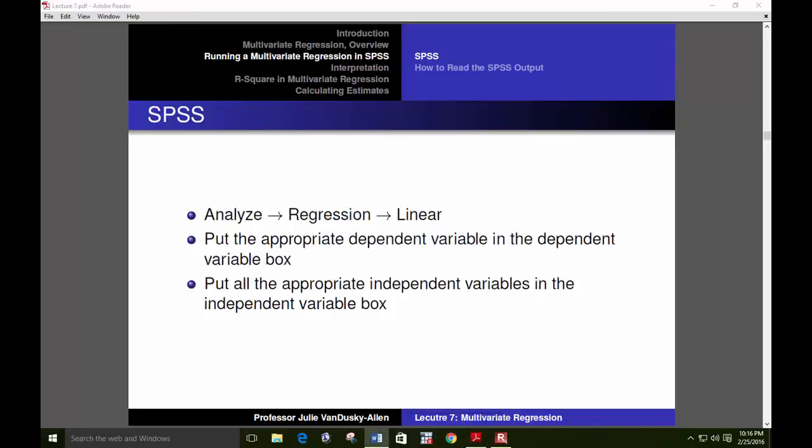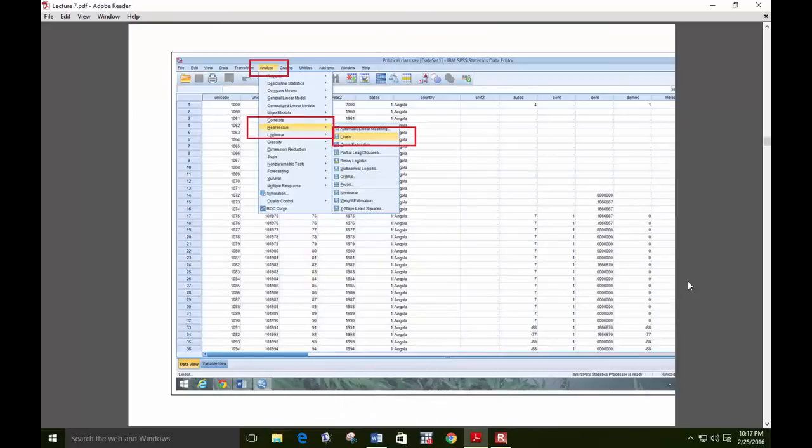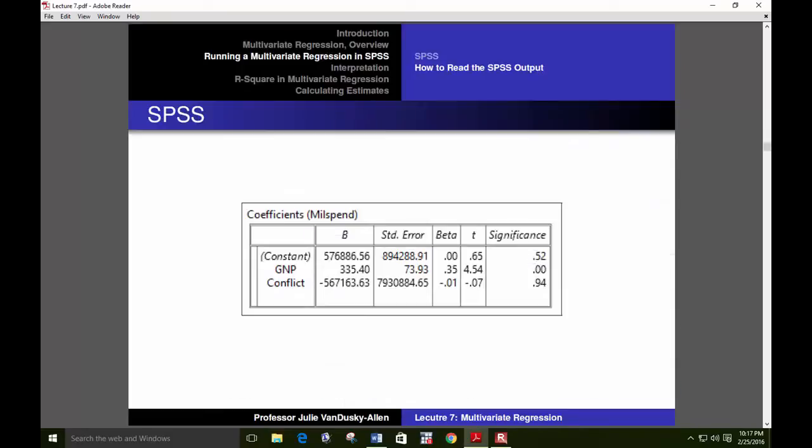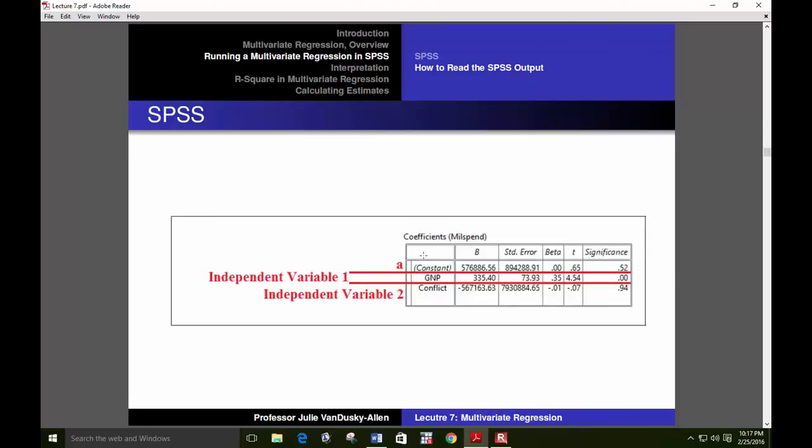Running a multivariate regression analysis in SPSS is the same as running a bivariate regression in SPSS, except with more than one independent variable. So you do Analyze, Regression, Linear, you put the appropriate dependent variable in the dependent variable box, and you put all the appropriate independent variables in the independent variable box. Then you click OK. This is what the output should look like. The first row tells you the statistics associated with the A hat.